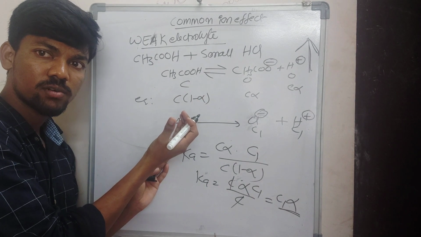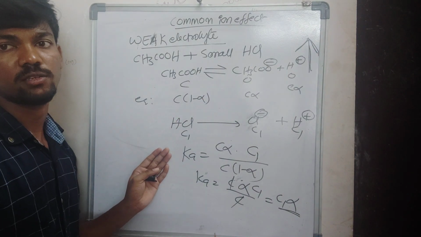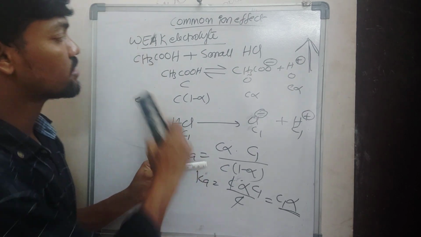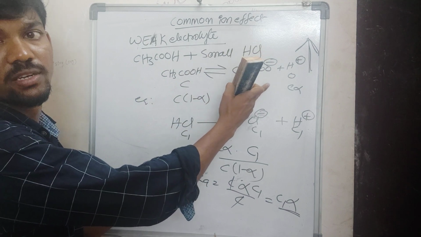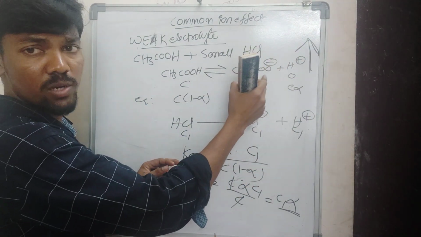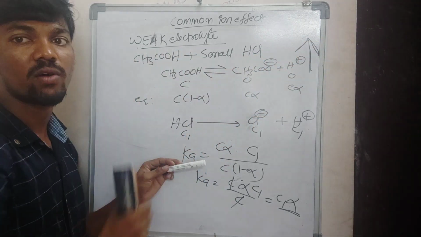Backward means the alpha value decreases. Okay, the alpha value will decrease. This is the main concept here. The CH3COO minus concentration will also decrease. Why? To reach equilibrium with this H plus concentration, the reaction should come backward and the alpha value will decrease.